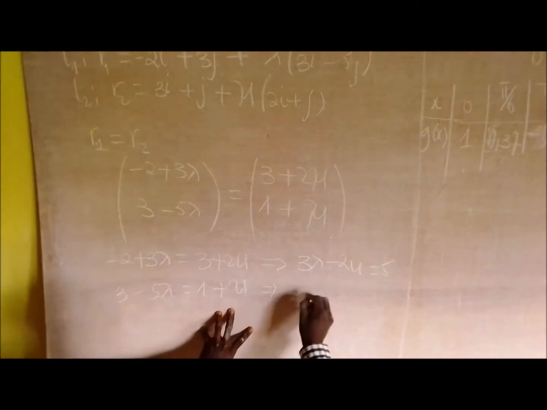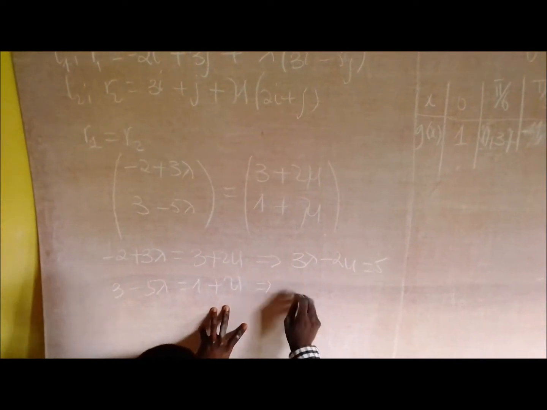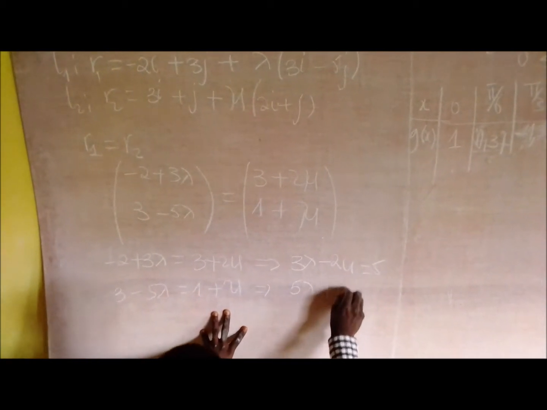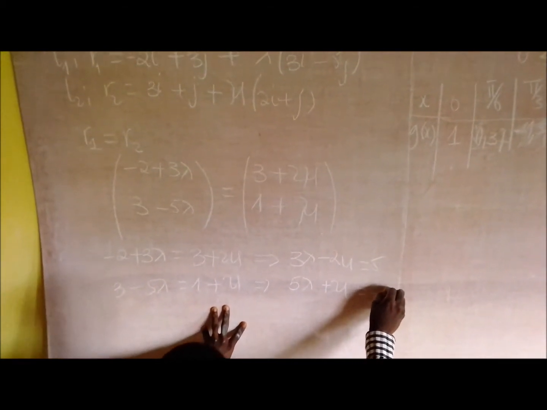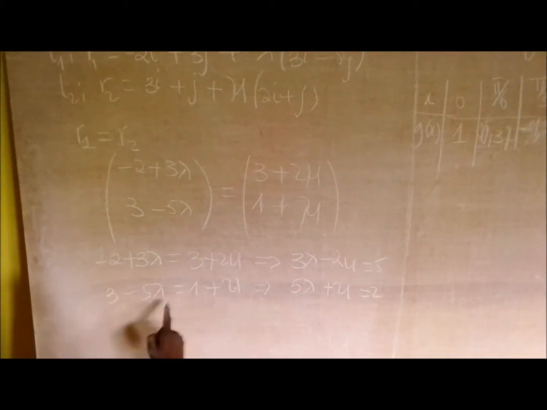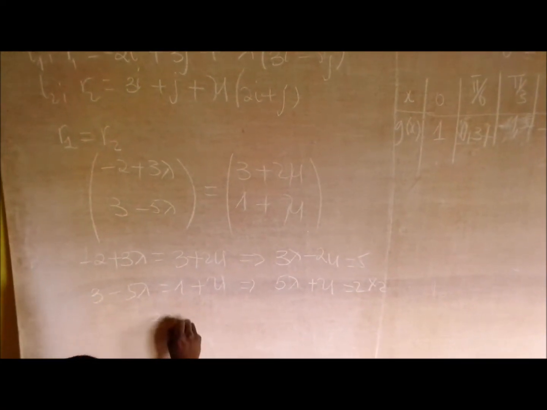Let us take it like this: 5 lambda plus mu equals 2, because if I take it the other way, I have negative 5 lambda minus mu equals negative 2, so I multiply all by negative.